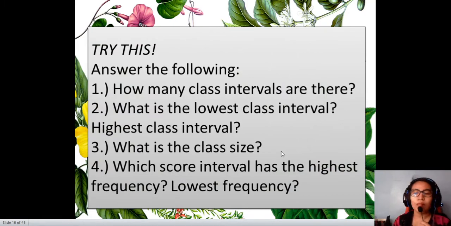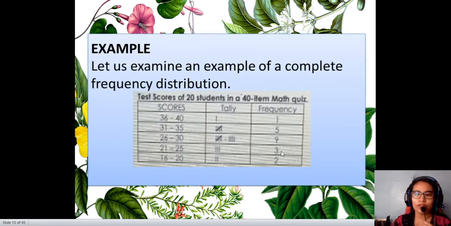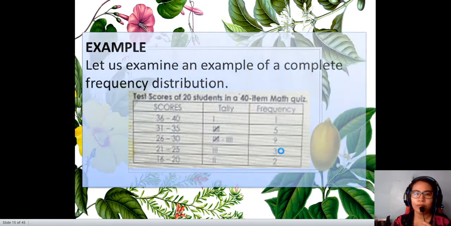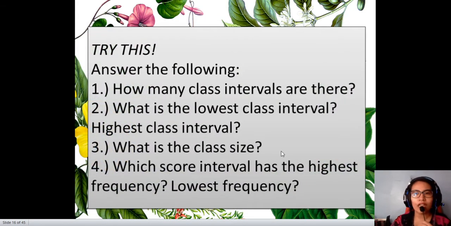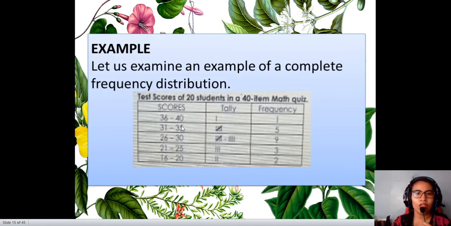Okay. By taking a look at the table, you will now answer the following questions. This is just a discussion, you don't need to write it on paper. How many class intervals are there? Let us take a look. We have 1, 2, 3, 4, and 5.